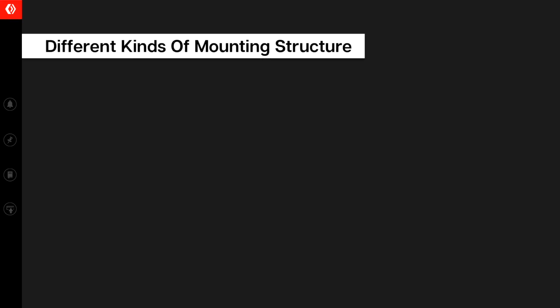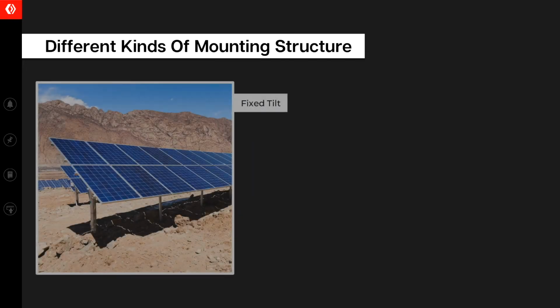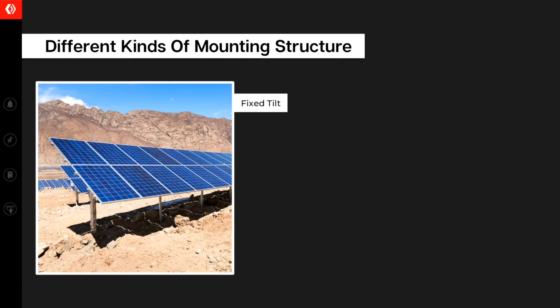Let us now have a look at different kinds of mounting structures available out there. The first kind of structure is the fixed tilt structure. Fixed tilt structures are used most widely in projects that are created in open spaces and for utility scale plants.